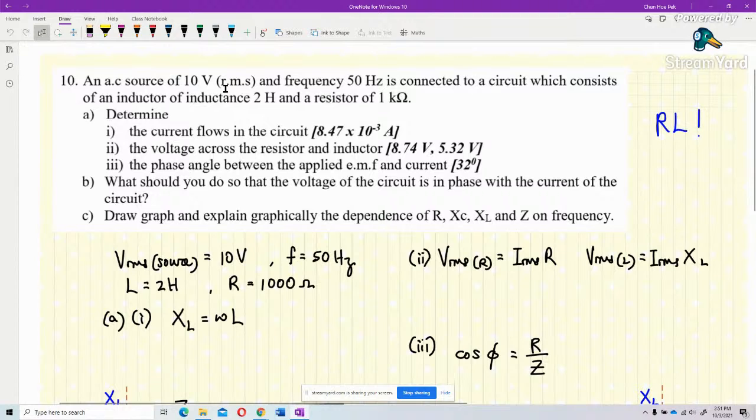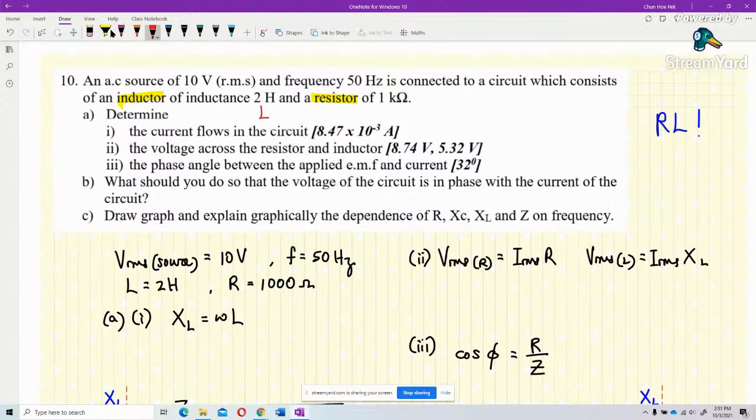Now you have a VAC source of 10 volt root mean square. This is the VRMS source, 10 volt, and a frequency, and it consists of an inductor. What component is it? This is an inductor and a resistor. Where is Henry?